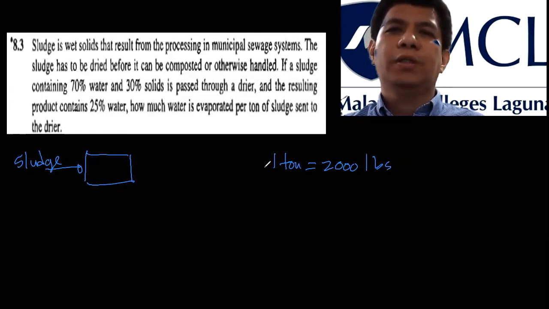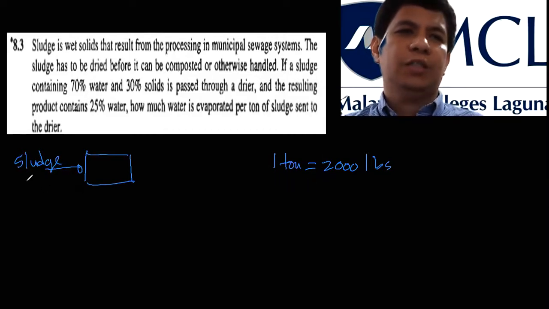Should be careful with this conversion. So when the problem is referring to ton, it's exactly equal to 2,000 pounds. So the sludge, which is equal to 2,000 pounds, okay, contains 70% water.